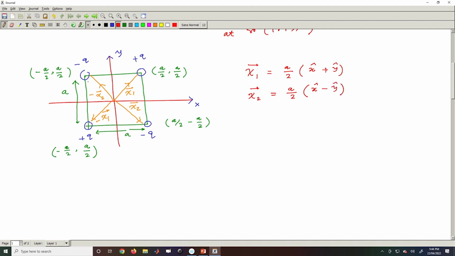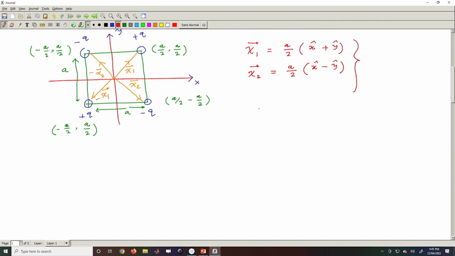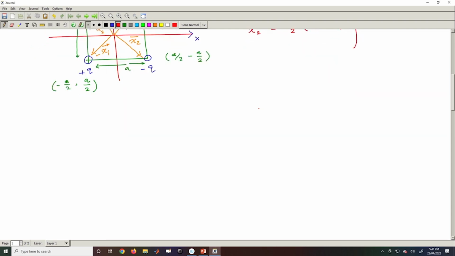In a similar way, the other two are negatives of those vectors, so I am not writing that. For the other 2 points, one is minus chi 1 and another is minus chi 2. Okay. So, next let us calculate directly the dipole moment.